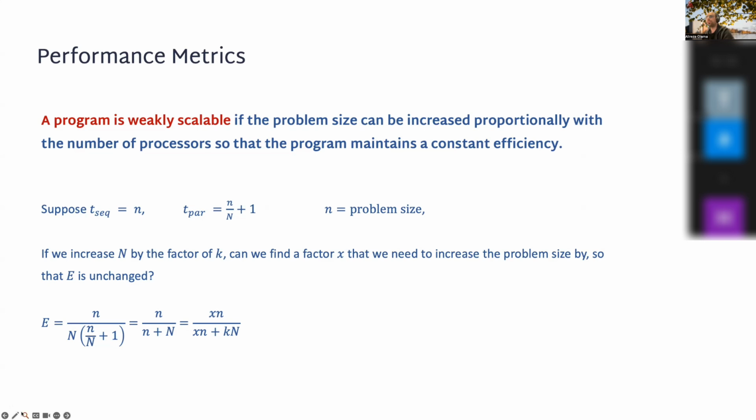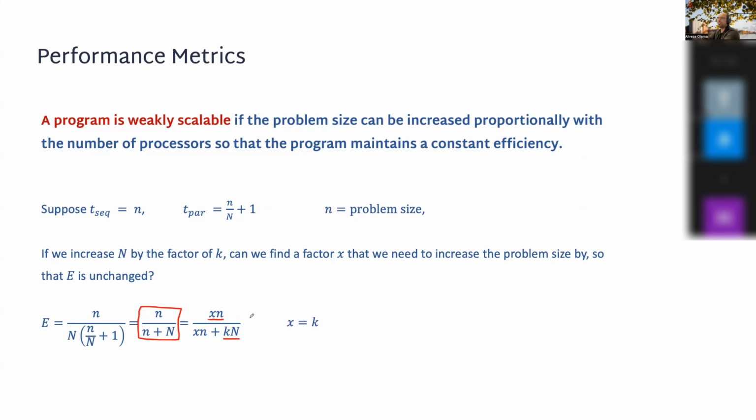Let me try to highlight it. So if you do that, this is the efficiency of your original program. We want to know if I scale n by the factor of x, and if I scale the number of cores by the factor of k, can I find x that satisfies this equation?